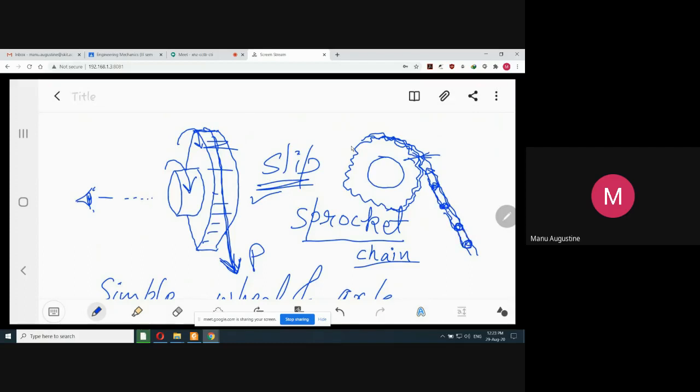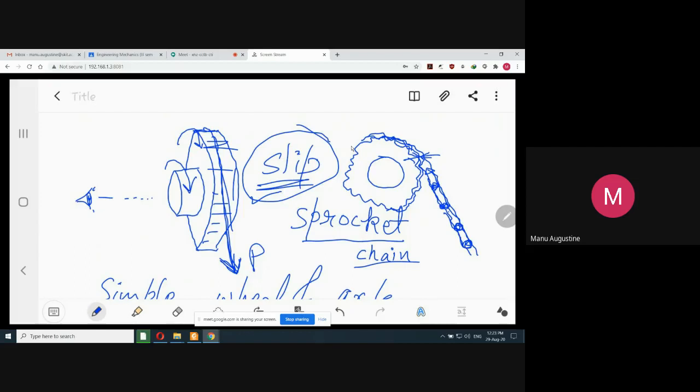Like this. So this is a chain and sprocket arrangement. Now the advantage with the use of a chain and sprocket arrangement instead of a rope and pulley arrangement is that you can totally avoid the concept of slip. So there is no slip in the case of sprocket and chain arrangement.